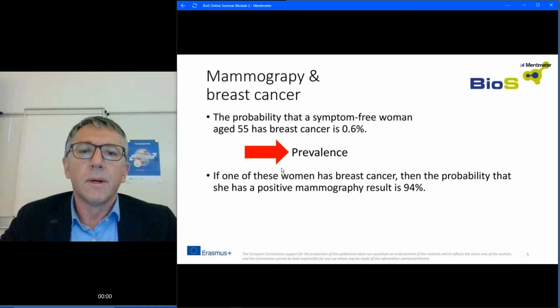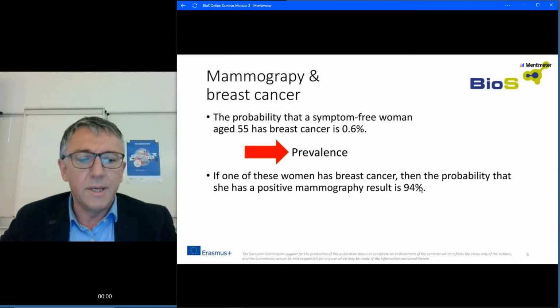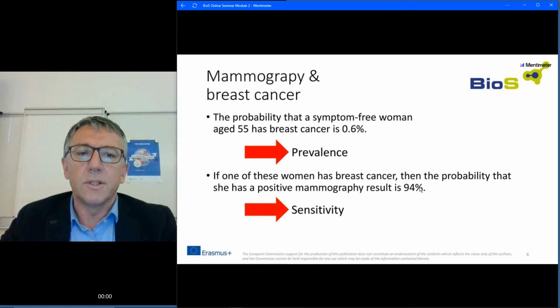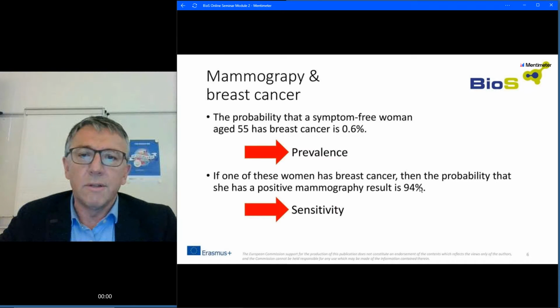This is about women who have the disease and the probability that she has a positive test when she has the disease. So this number is the sensitivity of the test. The mammography test has a sensitivity of 94%.